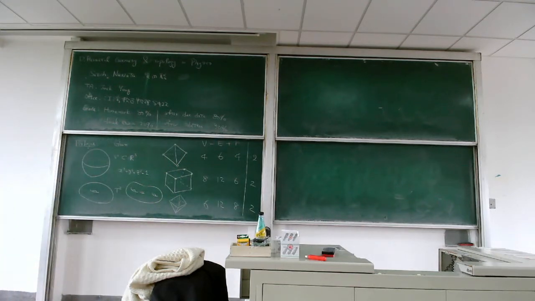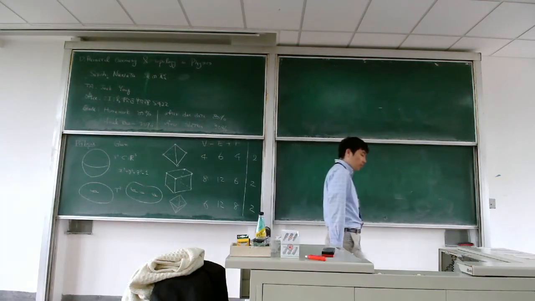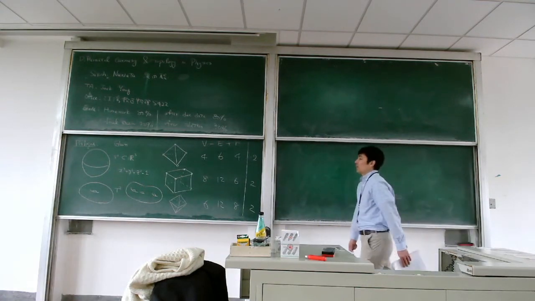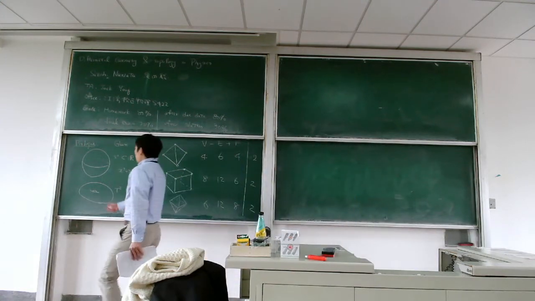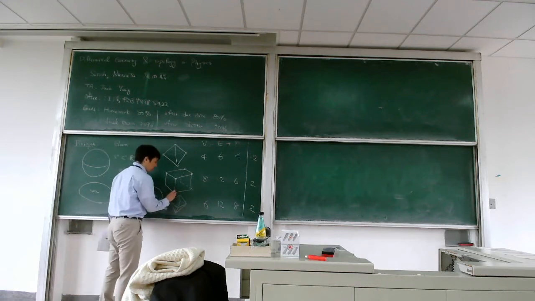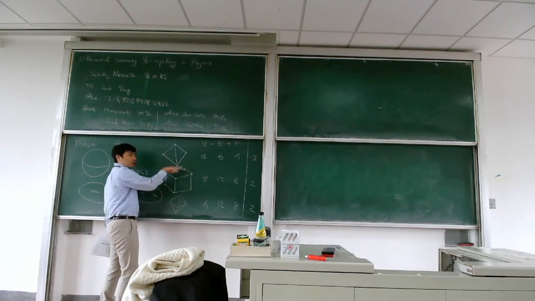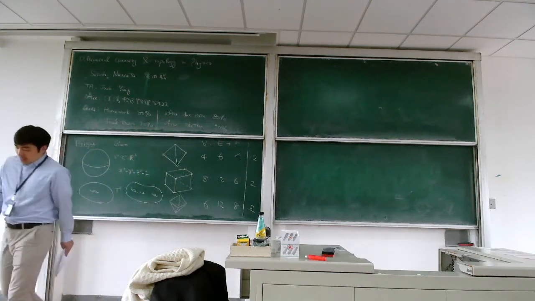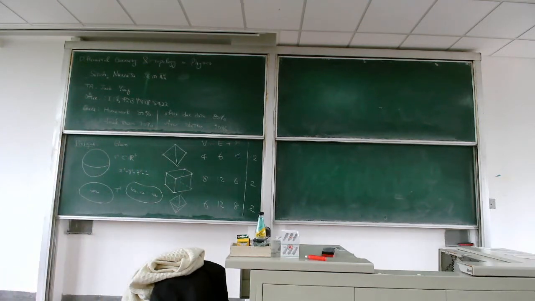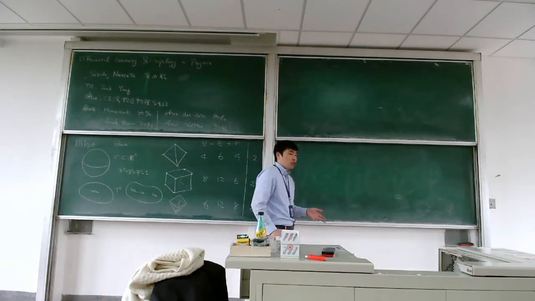So however you approximate this sphere by a so-called cell decomposition, this is called a 0-cell, this is a 1-cell, and a 2-cell, and so on. However you approximate a sphere by cell decomposition, at the end of the day, V minus E plus F is equal to 2.